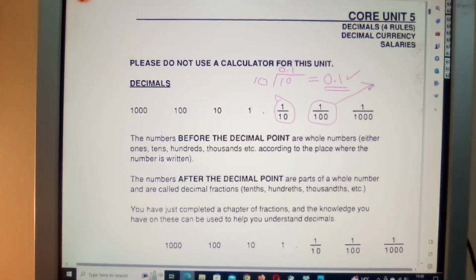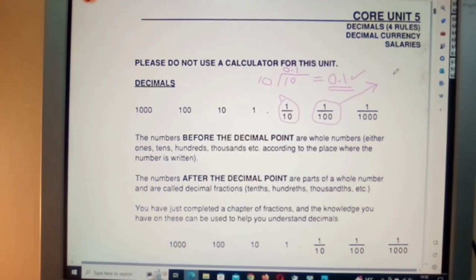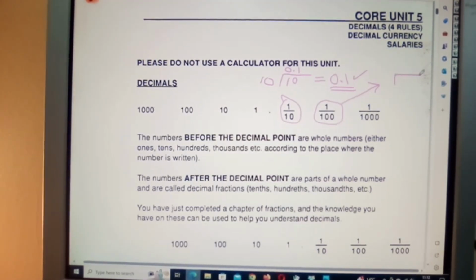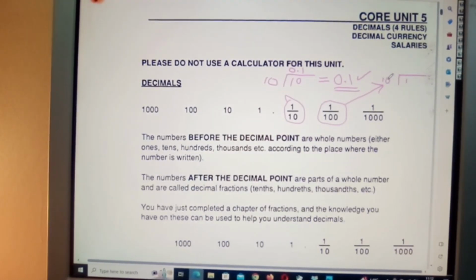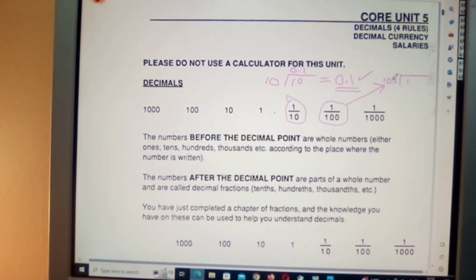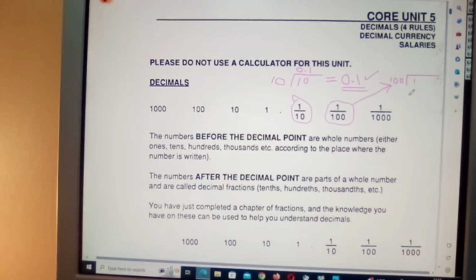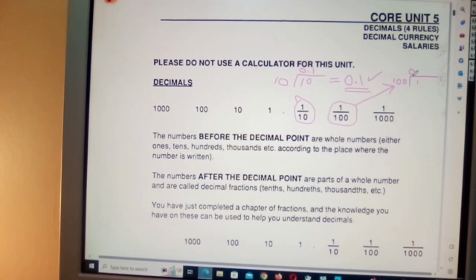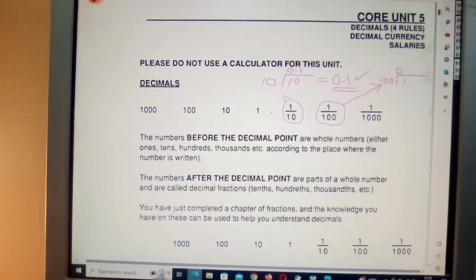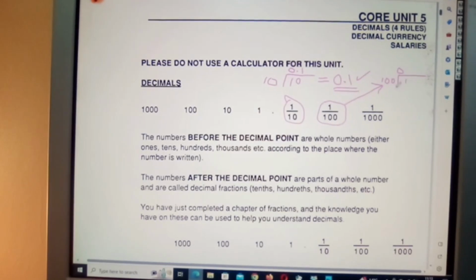We will say 1 divided by 100. 100 into 1 you can't. 0, decimal point, because you've just tried to divide into the whole, it doesn't go.